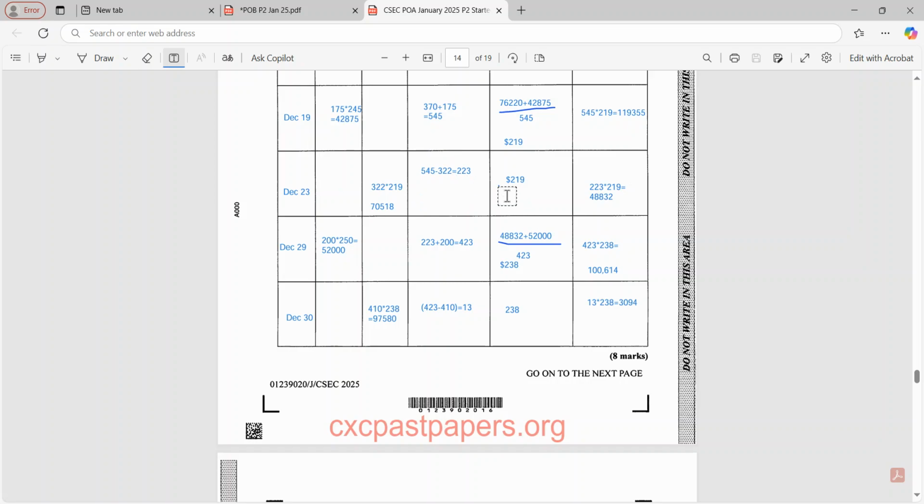And we have it at an average cost of 219. So it's 223 multiplied by 219, which will give us $48,837, which is the value of inventory on hand.